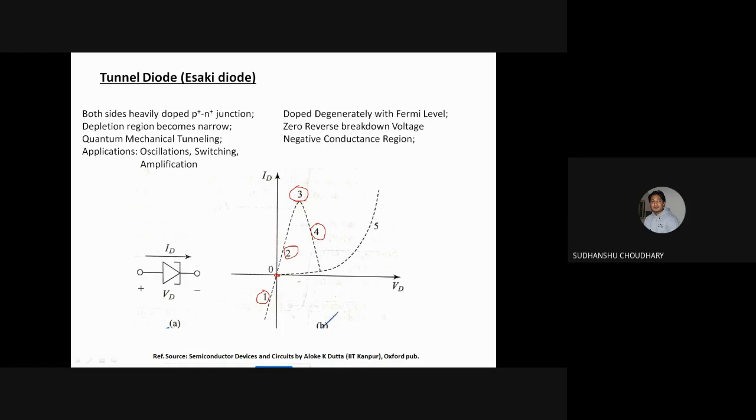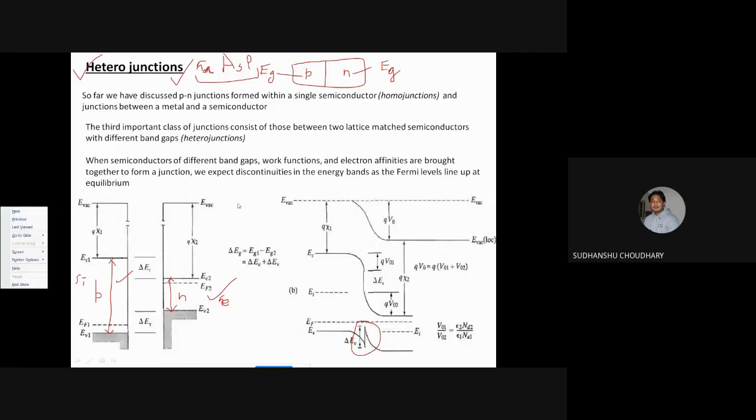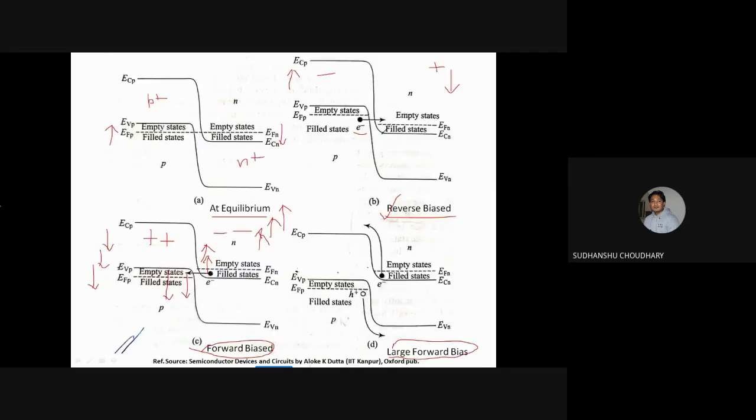Now when the bias is further increased, up to this point or maybe up to this point, the forward bias is increased, so this barrier is also reducing with forward bias.